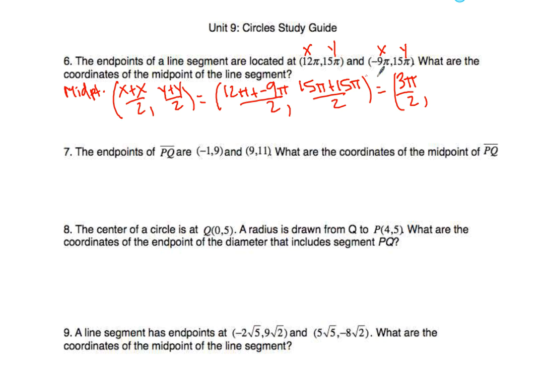And 15 pi plus 15 pi would be 30 pi over 2. 3 pi over 2 is fine. You can leave it that way. And 30 pi over 2, you probably want to change back to 15 pi. So for 3 pi over 2, the 3 and the 2 don't divide evenly, so you can leave it as a fraction, but the 30 divided by 2 does reduce down to 15.